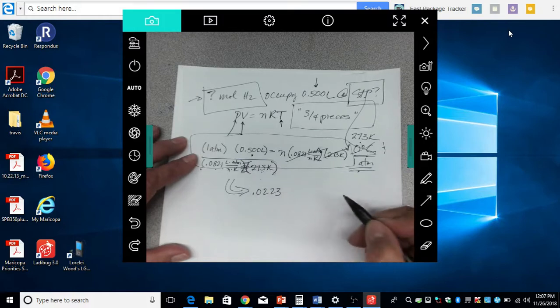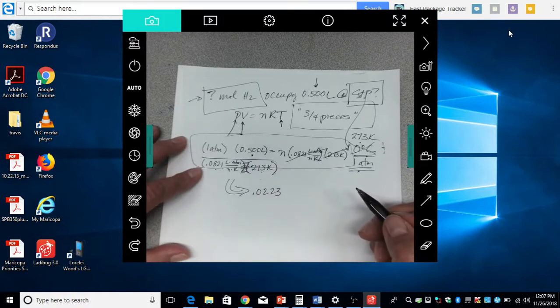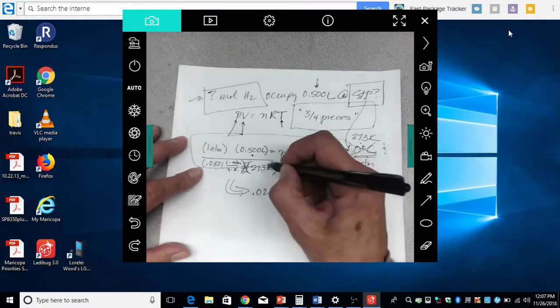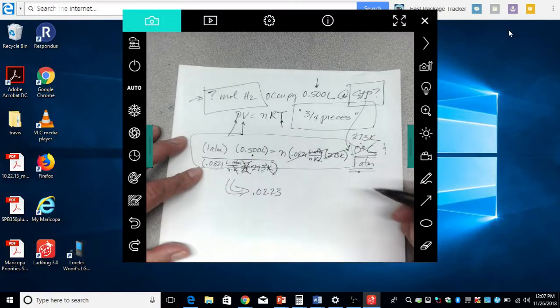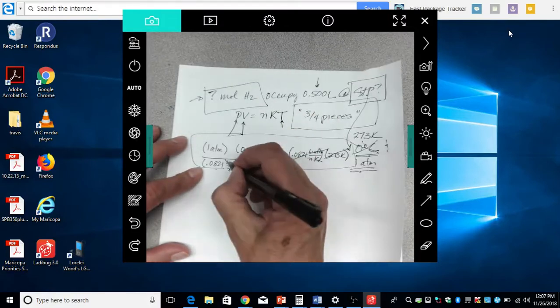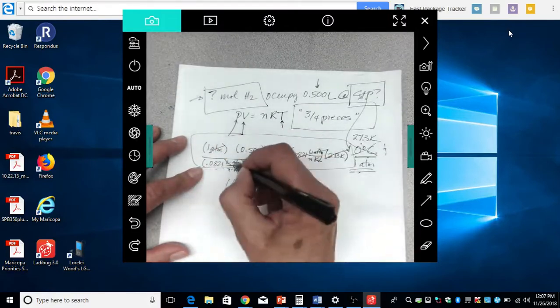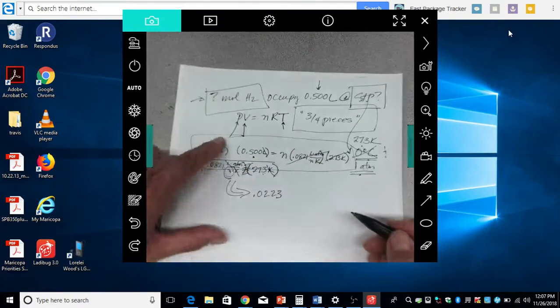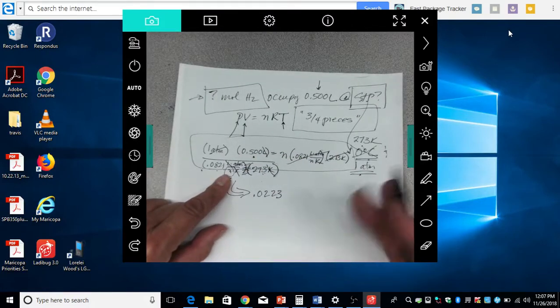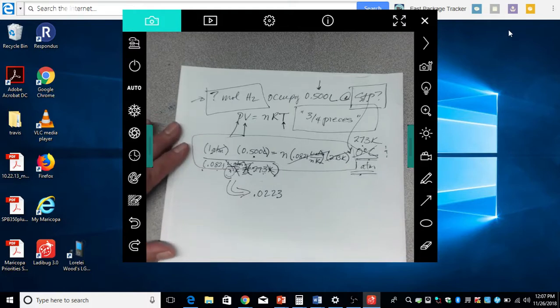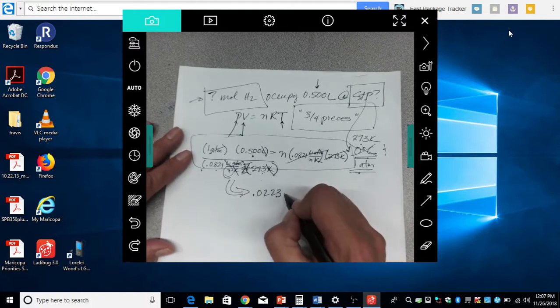And what are my units here? Moles, right? Let's double check. Kelvin cancels, liters cancels, ATMs cancels. And moles is on the bottom, but since that's a unit in the denominator, when it resolves, it comes up to the numerator. So we have moles of what?